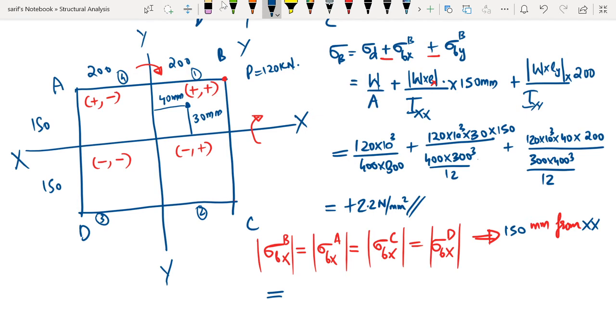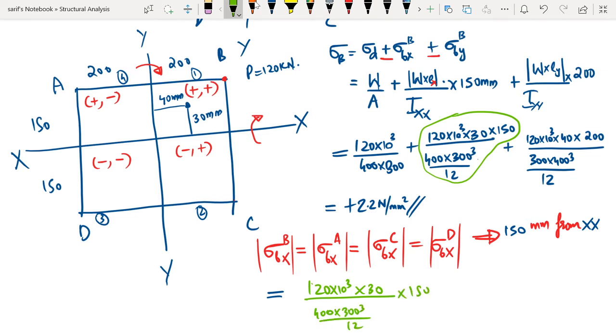So let us find the numerical value of this particular term. That is 120 multiplied by 10 raised to 3 into eccentricity 30 mm from the x-axis, the whole divided by 400 into 300 cube divided by 12 multiplied by 150.